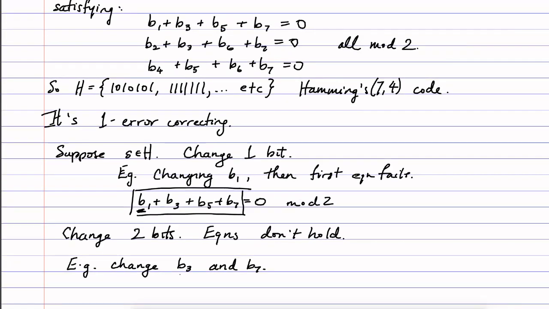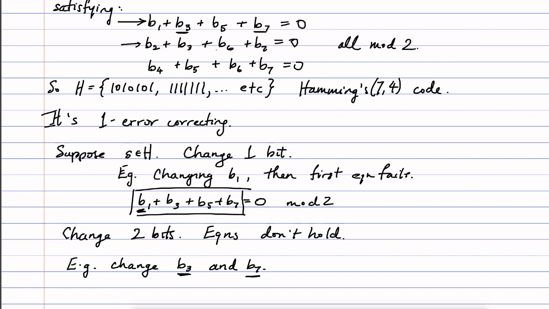So changing B3 and B7, let's look at the first equation right here. If we change B3 and B7, the parity of the expression on the left-hand side does not change. The B3 maybe changes from a 0 to a 1, the B7 changes from a 1 to a 0 or something like that. But with 2 changes, the parity works out to be the same.